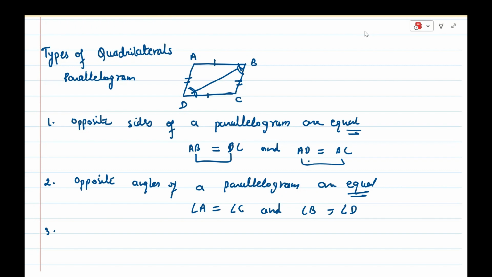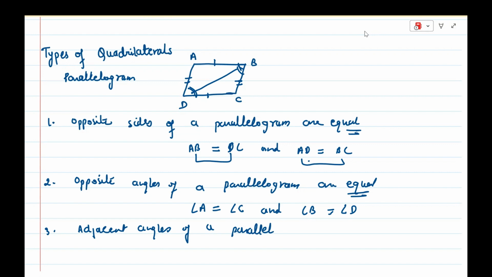The third property of a parallelogram says adjacent angles of a parallelogram are complementary. Not complementary, supplementary. So whether these terms confuse you also, let's see.